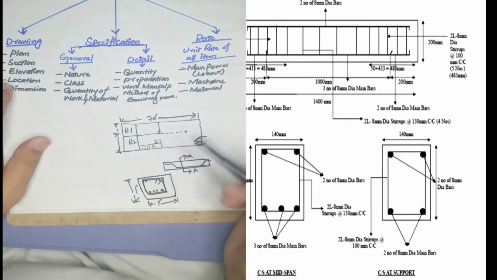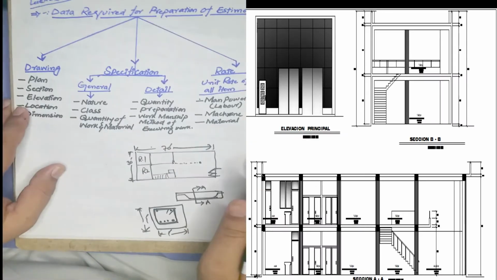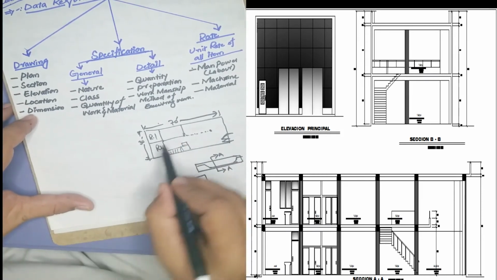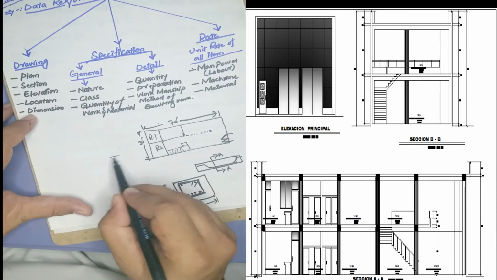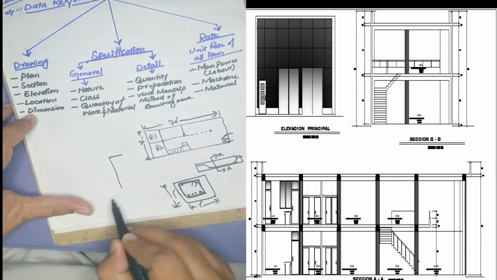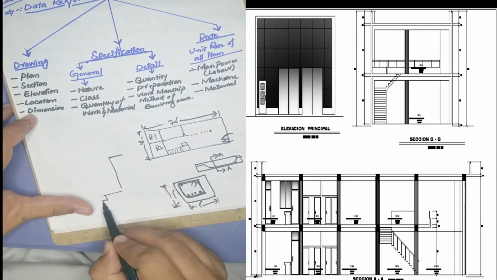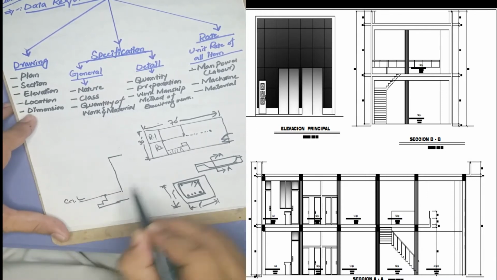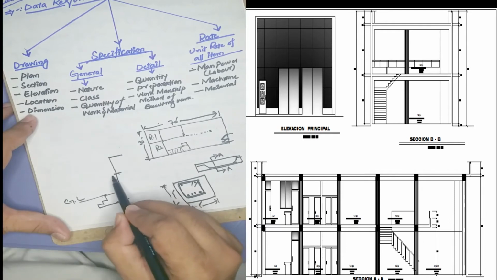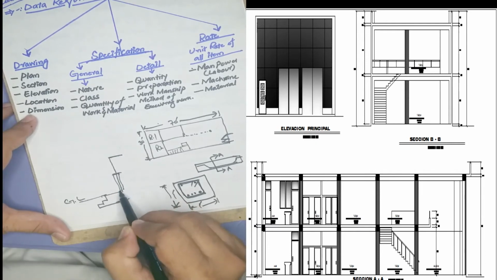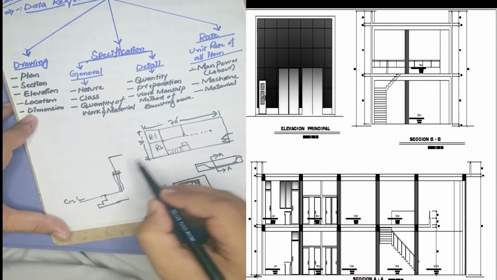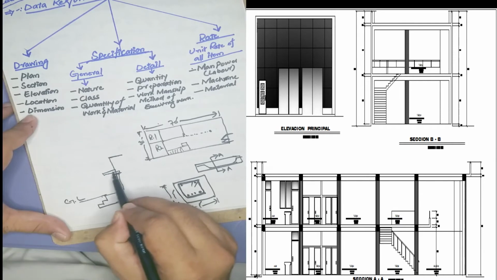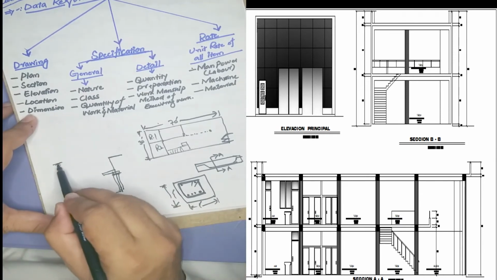The third one is the elevation. What is elevation? Let's suppose we are going to construct a building. This is its elevation. Here is the ground level, here is the door, here is the lintel, and here is the sunshade.